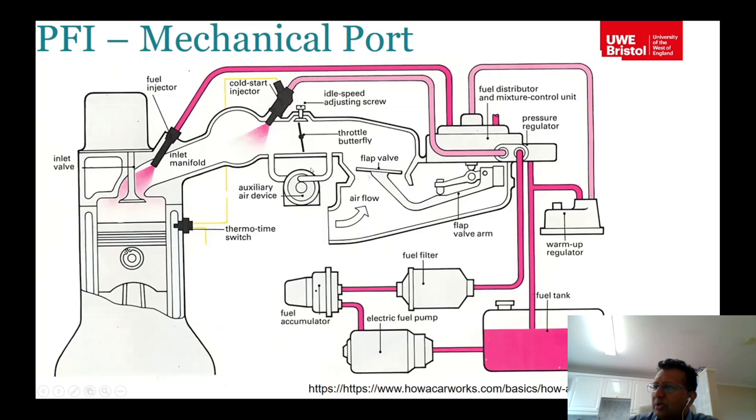Now, when you open the throttle here, this flap valve will go up. That means it will open up the fuel lines here. So that is connected to the fuel regulator, pressure regulator, and depending on the position of this flap valve, the amount of fuel that is coming into the system changes. So the larger the opening here, the more the fuel that is coming into the fuel injector.